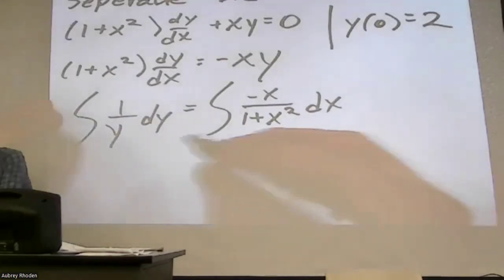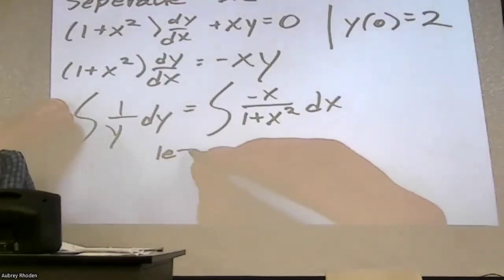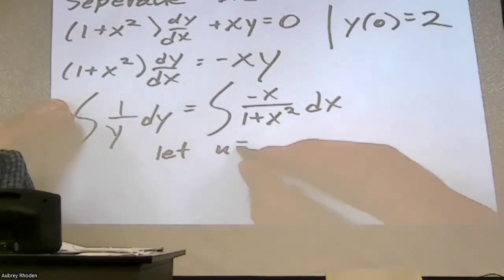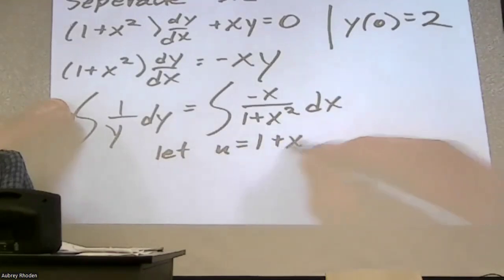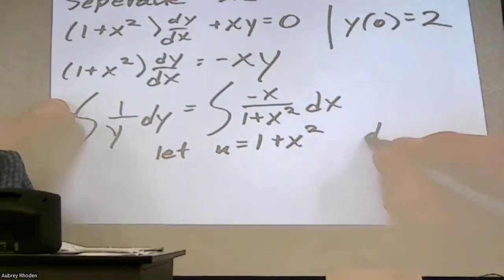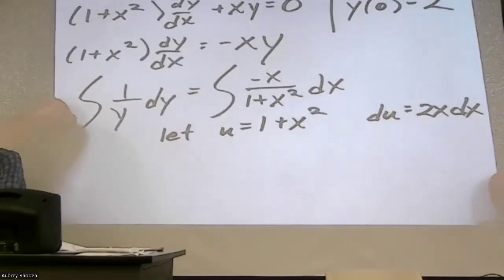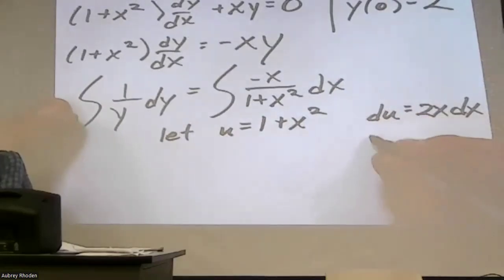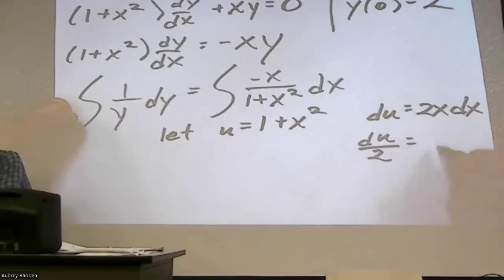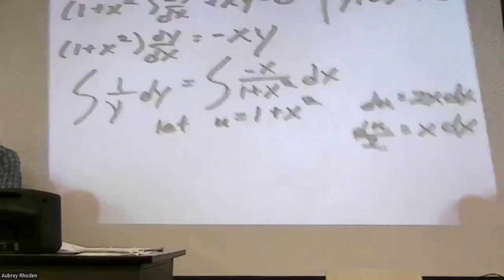That doesn't quite work yet, but du divided by 2 is going to equal x dx, and we do have an x dx inside the problem.